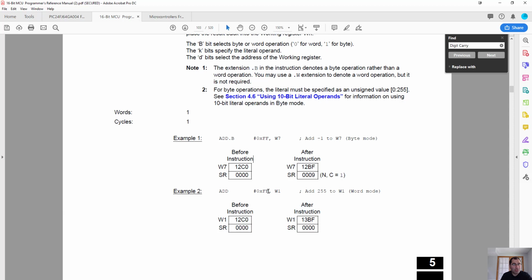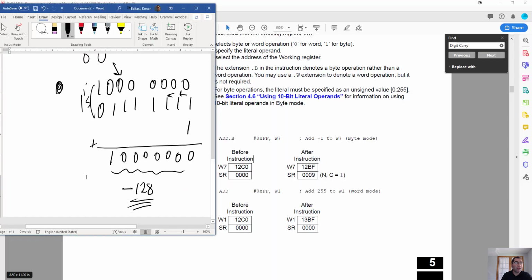If you are talking about a word, not a byte operation, FF means, even though you might not see zeros there, you have 2 zeros here, basically as a 16-bit value, this is how we represent FF in hexadecimal, right?